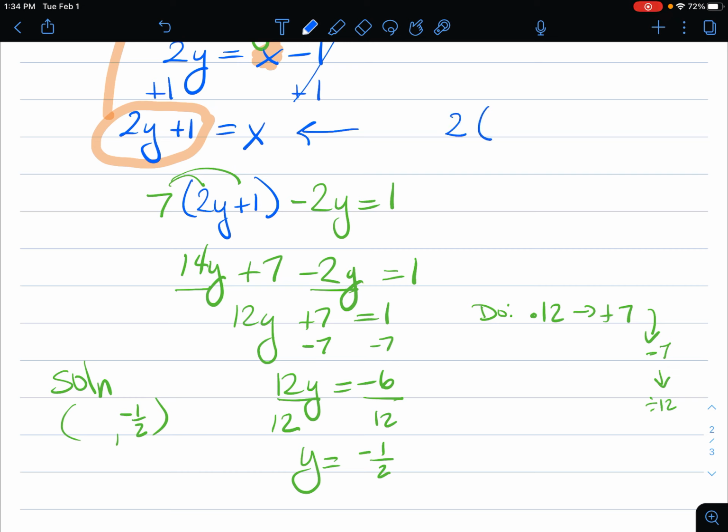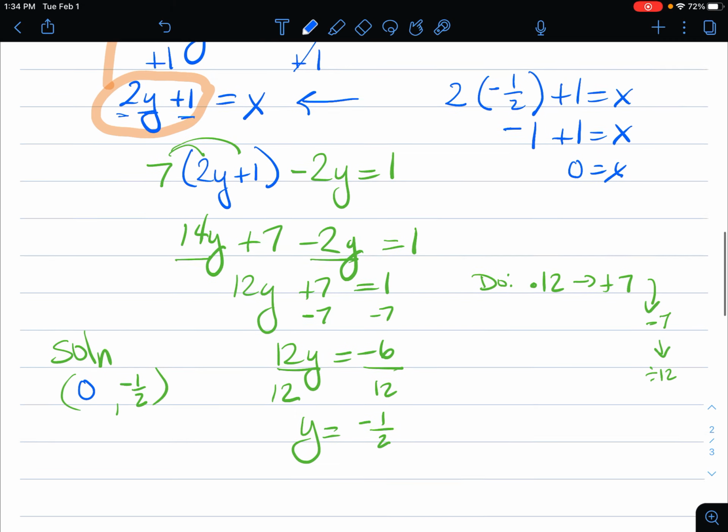So x is the same as 2 times the y value, which we just found, plus 1. 2 times negative 1/2 is a negative 1 plus 1, which is 0. So the point 0, negative 1/2 is my solution.